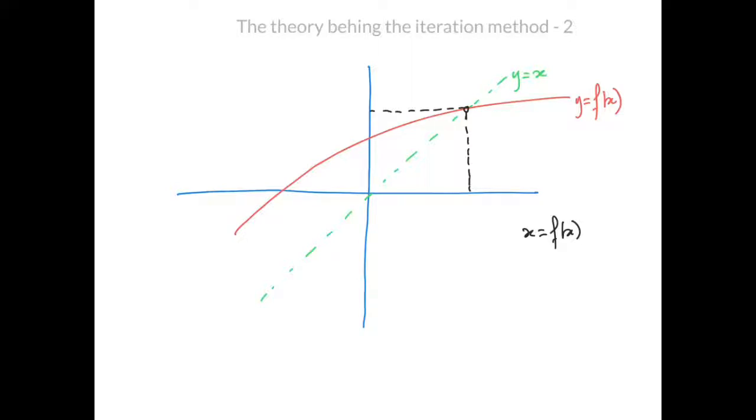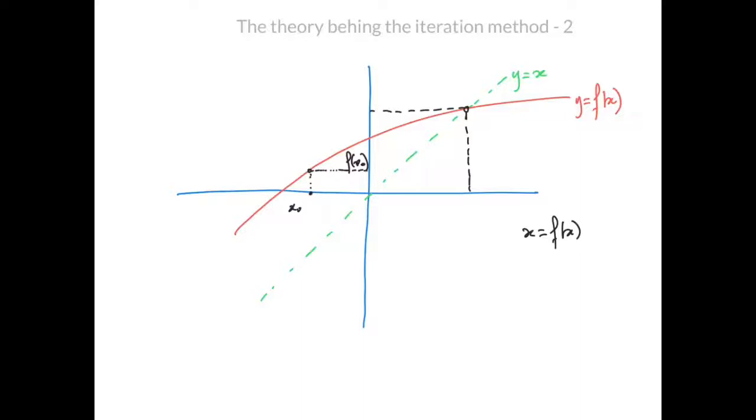In the iteration method, you have to start from a given value of x, which I'm going to call x0. And you work out the y coordinate of the point on the red curve here. And you see that this coordinate here will be f of x0. You just apply the function f, so you work out the y corresponding to x0.